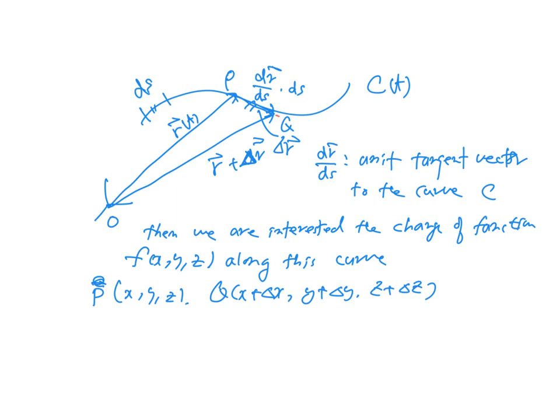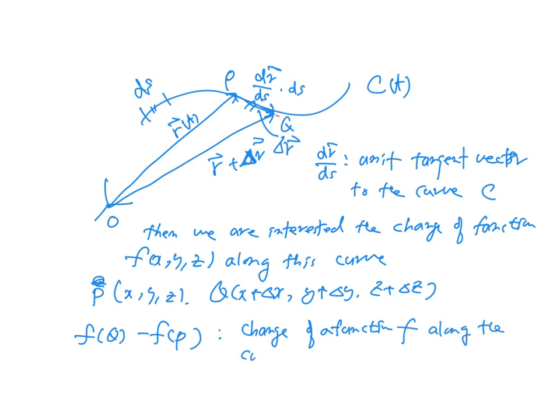So we are interested in how the function changes between these two points, along this curve. So f(Q) minus f(P) is the change of a function f along the curve C from a point P to a point Q, right?